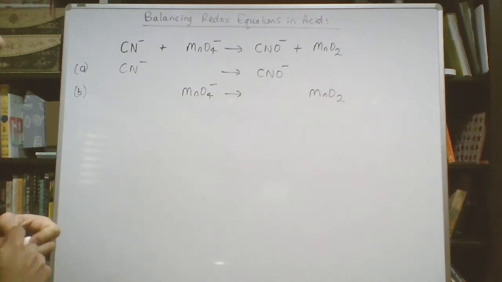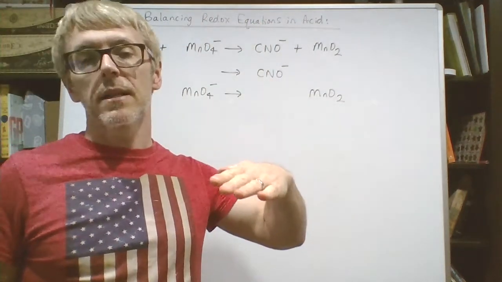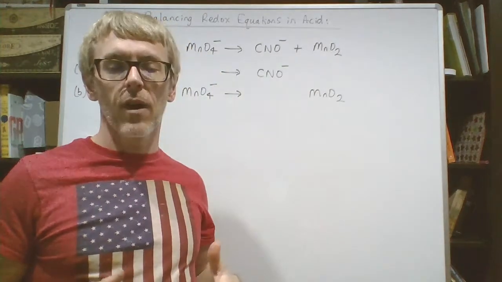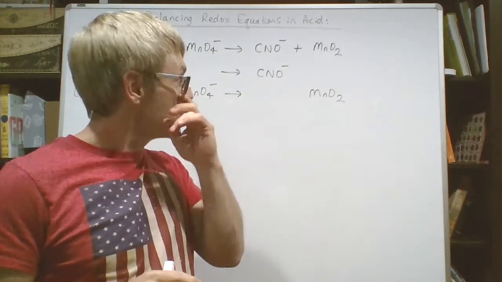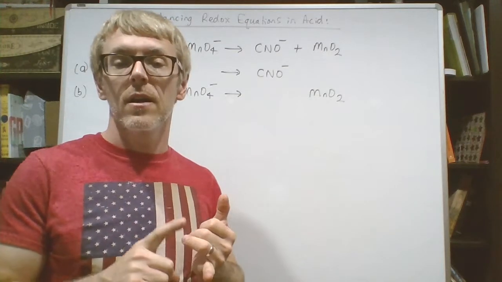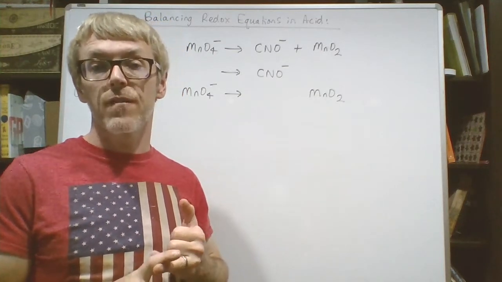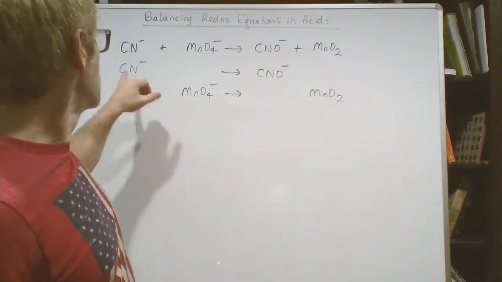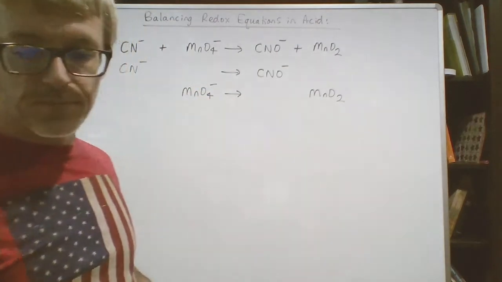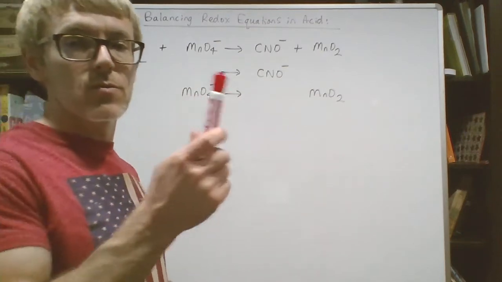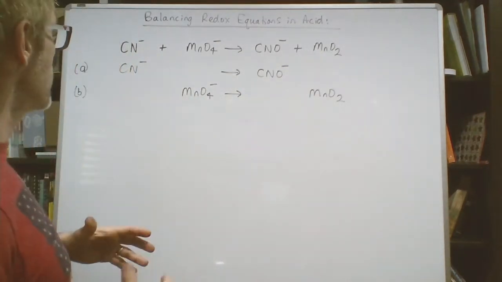Now I need to balance them, and there's a certain hierarchy of balancing. So I would highly advise you to do exactly the following, and in this order. You want to balance non-oxygens and hydrogens first. So anything that's not an oxygen or a hydrogen, balance it. I'll use red to indicate things that I'm changing.